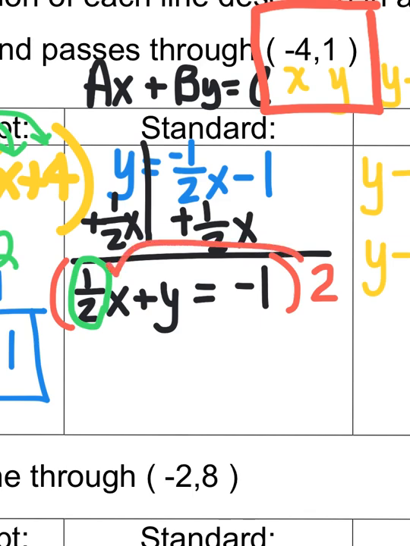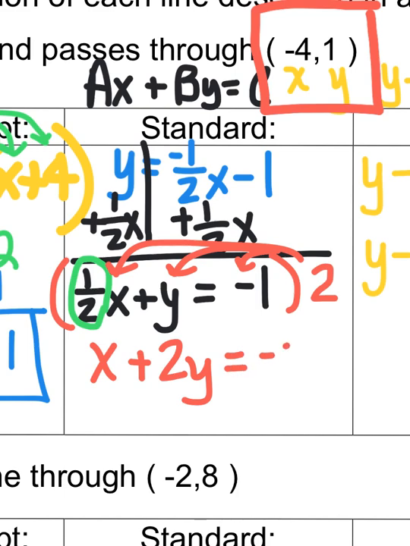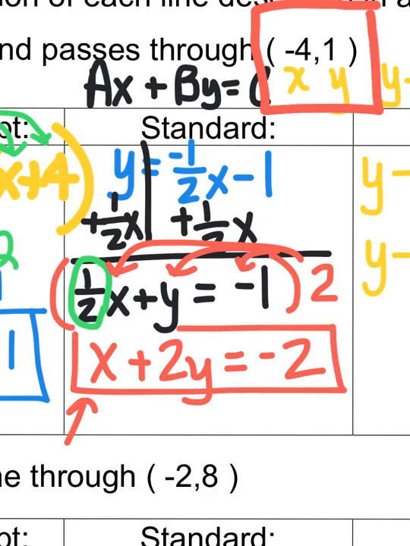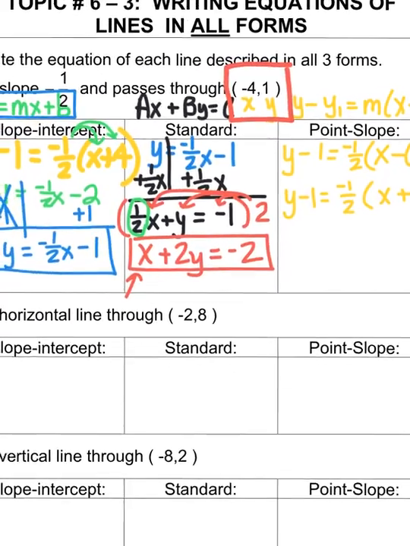Remember to multiply each term so that we don't change the value of the equation. Now that we have no fractions and our x is positive, we have our standard form of the equation. All right, good job on number 1.